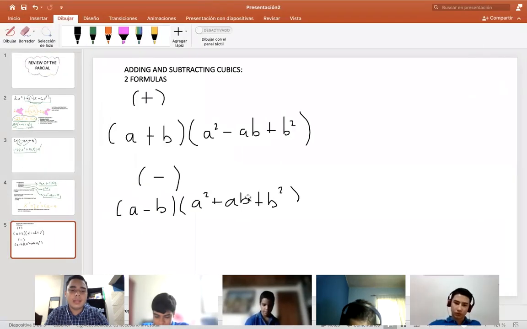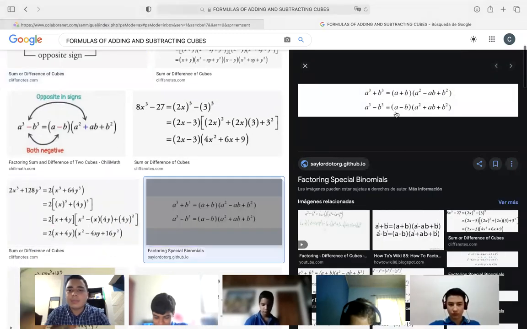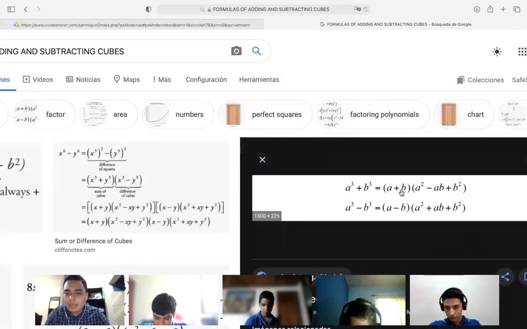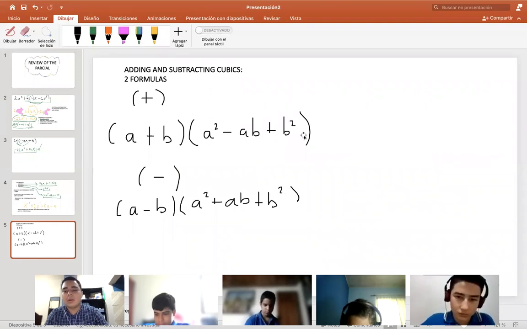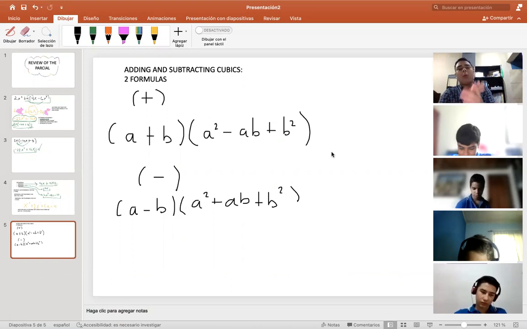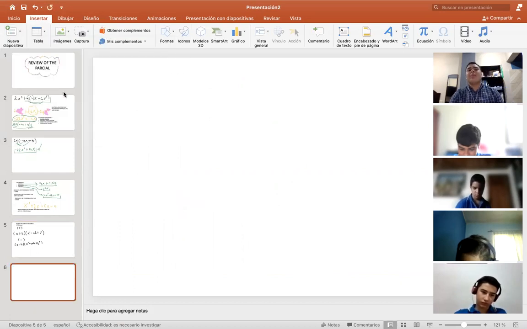Now, when we are adding, we have a plus b, parentheses, a squared minus ab plus b squared. So yes, these are the formulas that we have when we are adding and subtracting cubics. Now, David Espinal, understood? Yes.